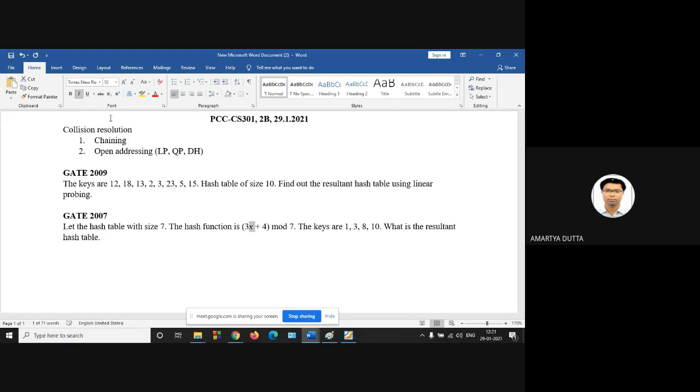The hash function is given in this form. Can you find out? Sir, linear probing or chaining? Linear probing. Okay, sir.